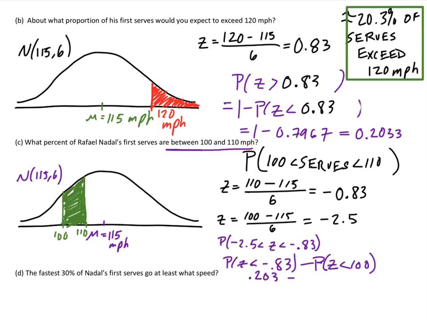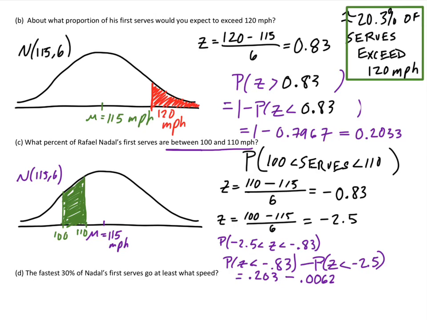And that's like a 1% or something. What is that? Oh, wait, not less than 100. What's the z-score for 100? I already got that. Negative 2.5. Point zero what? 0.0062? Wow, okay. It's not very big. Okay.